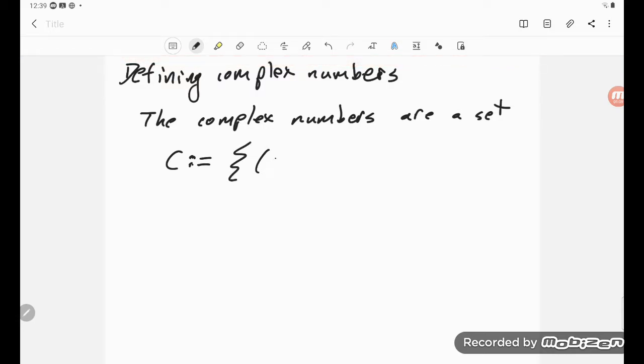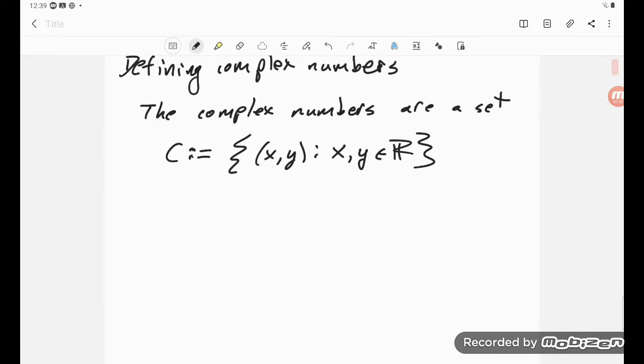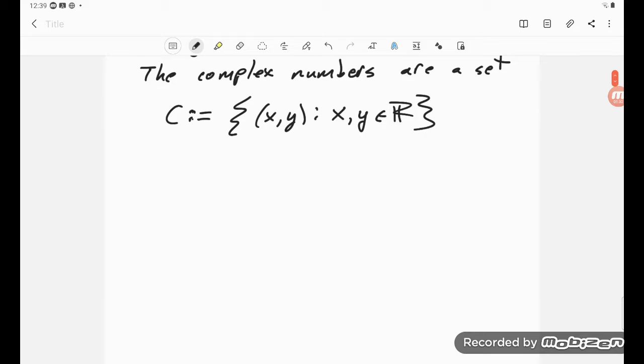And you've got this ordered pair, X and Y, where X and Y are both real numbers. So that just looks like the Cartesian plane at that point, right?